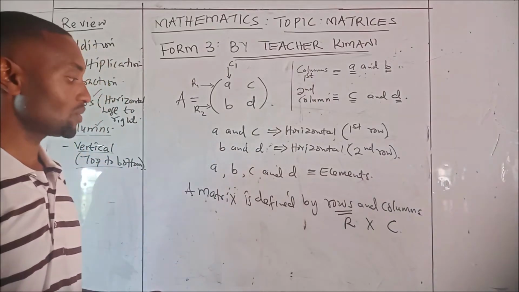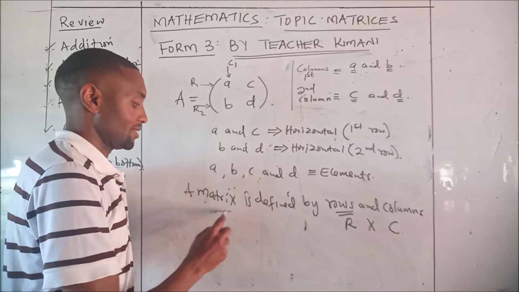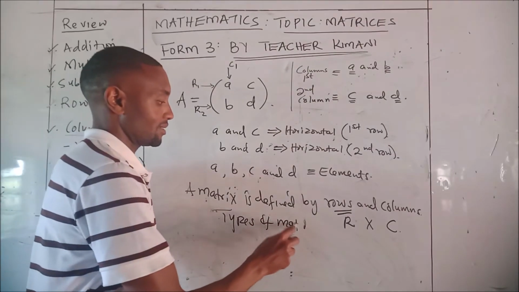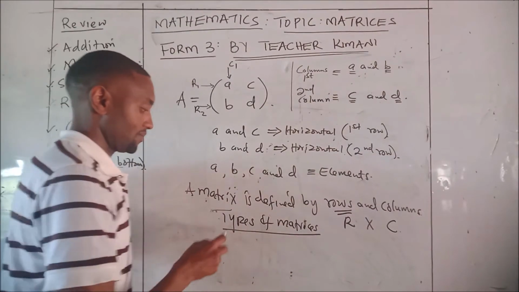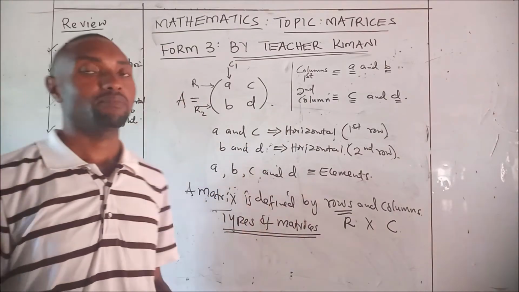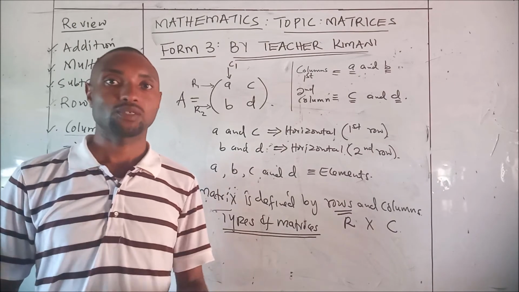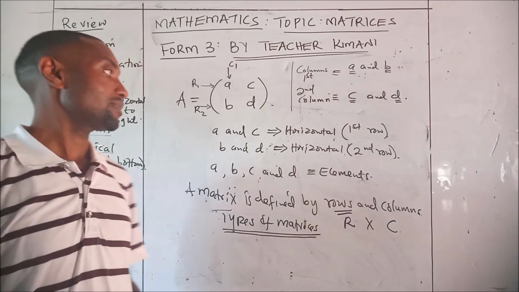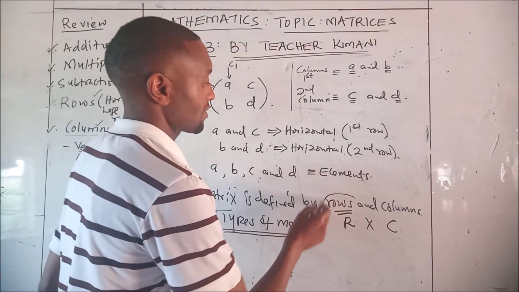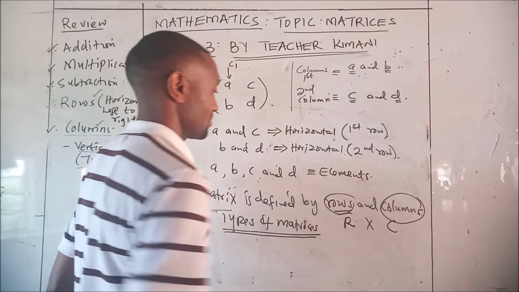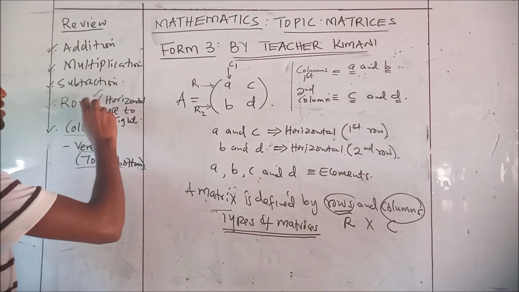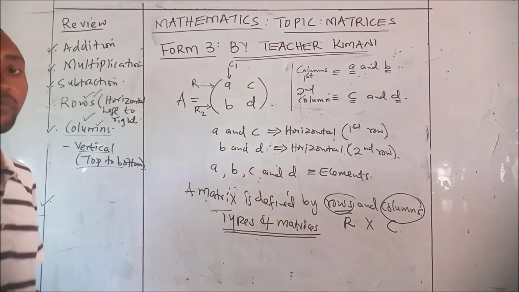Now I want us to look at the types of matrices. We look at the rows and the columns that make that matrix. That is very important, the rows and the columns.